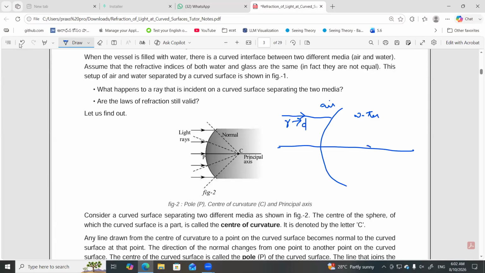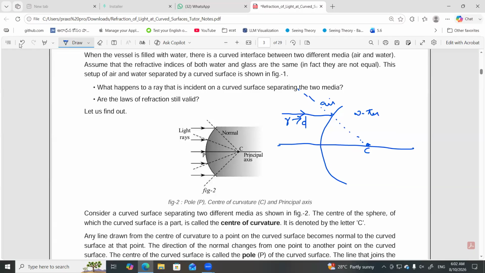Now how to draw the normal? This point and this point, just join with a straight line. Dotted lines indicate imaginary lines. Now, my point is about this light ray which is entering from rarer to denser.